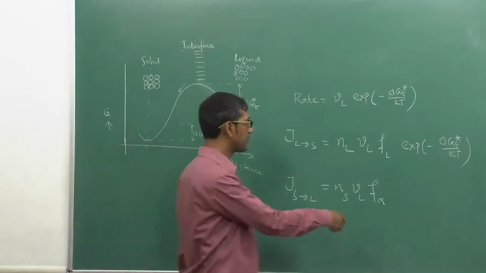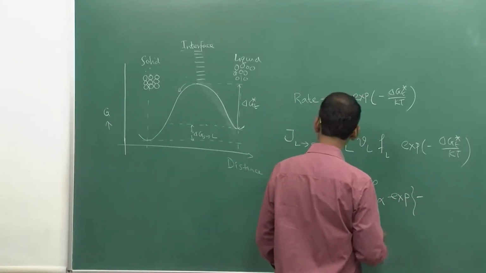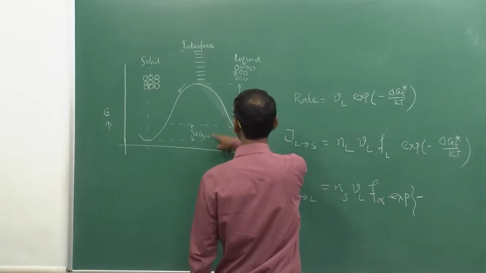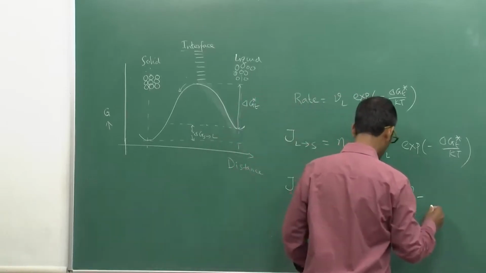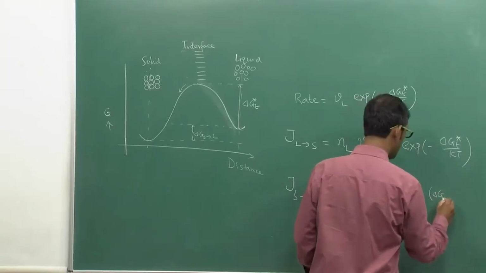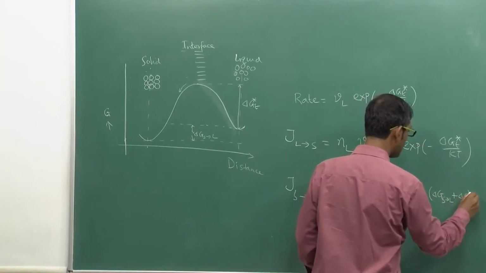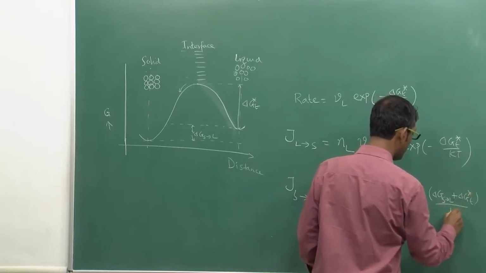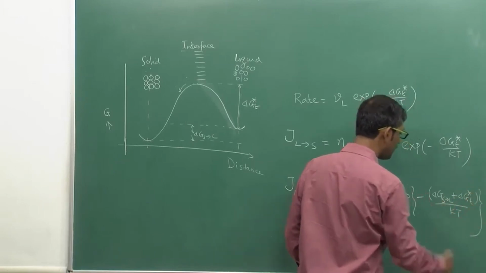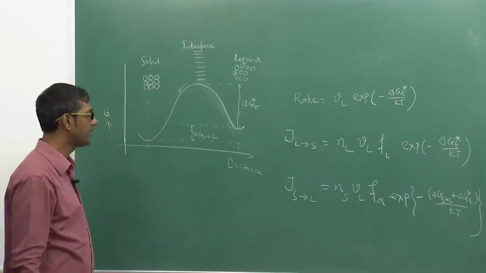So that fraction has to be multiplied, but this will be a different exponential, because the barrier now is this plus this together. So we have to write delta G solid to liquid plus delta G star T divided by KT. Everything here is on a per atom basis, therefore there is no need of dividing by that.